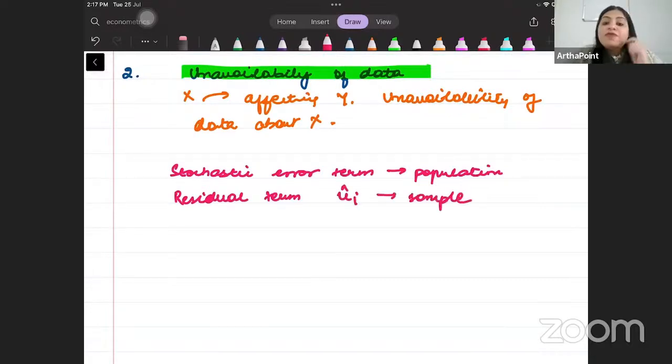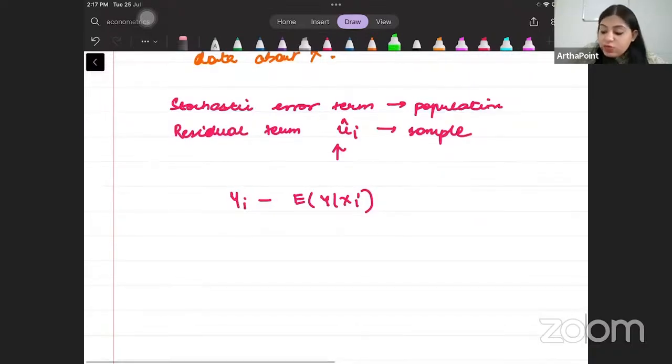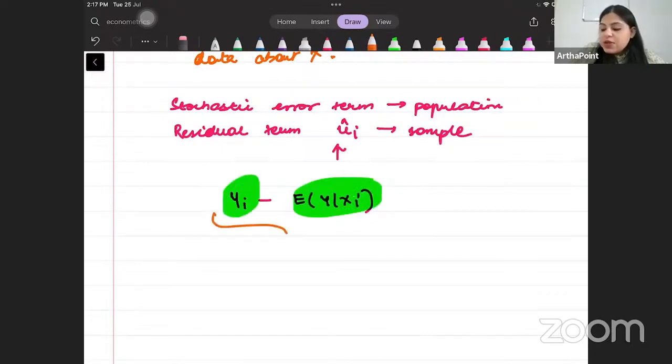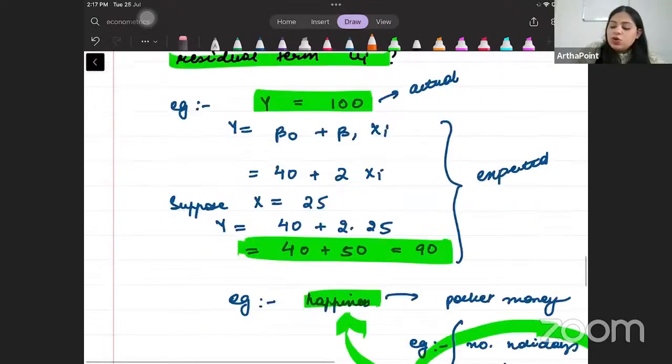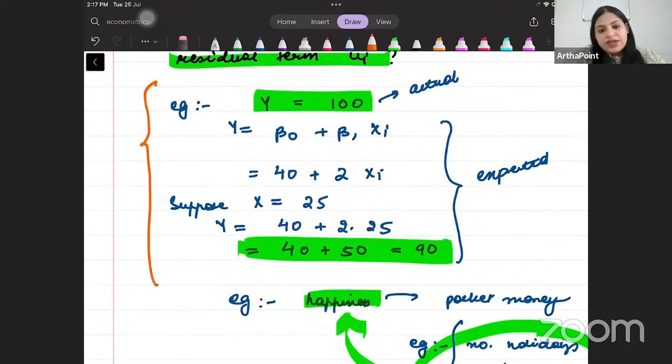The residual term is the difference between the actual value of y and the expected value of y. What I found the value to be and what the actual value was, the difference between the two becomes my residual term. I've explained how you can find your residual term. Is that clear? So this was question number 3 of your Gujarati chapter 2. I hope this is clear to you.